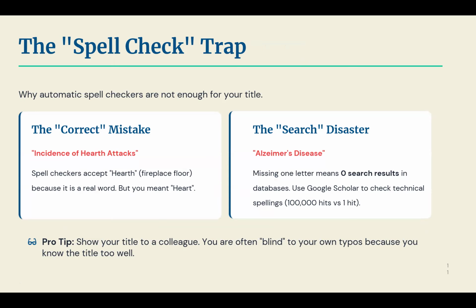If you just rely on the help of the spell checker in your word processor or in ChatGPT or any other generative AI, remember that in this very example you see, hearth and heart are two nearly resonating spellings.